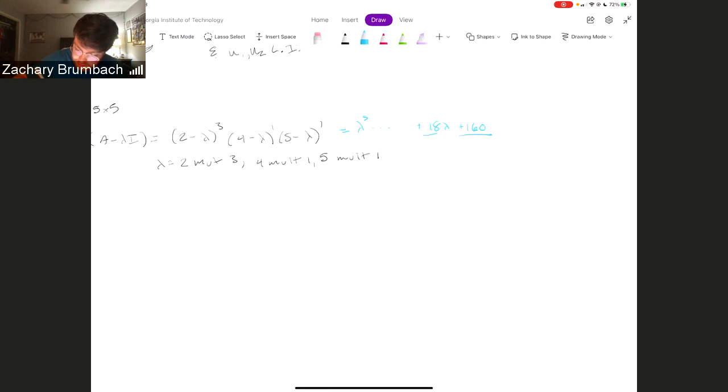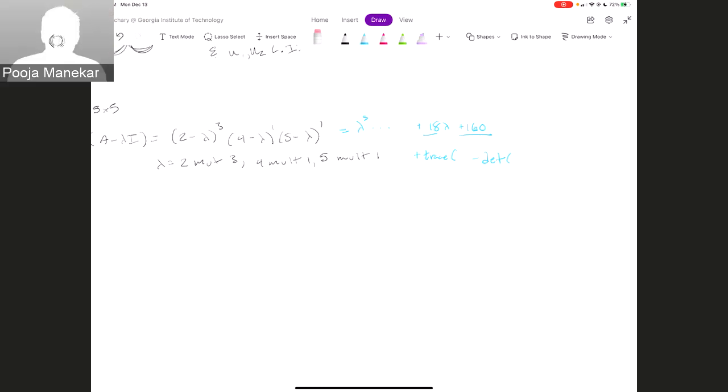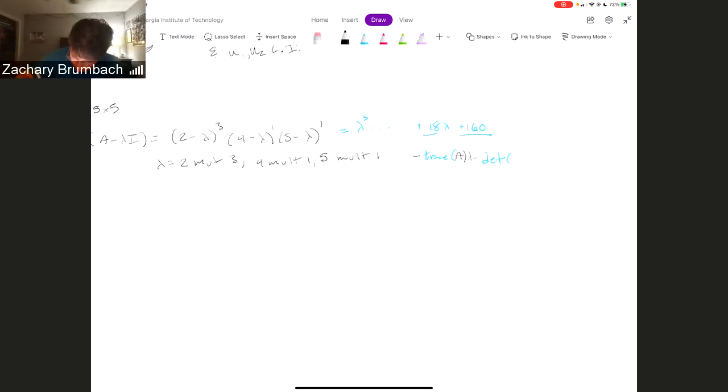Those are just always the things to know. For any characteristic polynomial, I think it's minus the determinant. Wait, I think it's the other way around. Oh, it's the other way around? Okay. Minus the trace of A times lambda plus the determinant of A. Right?